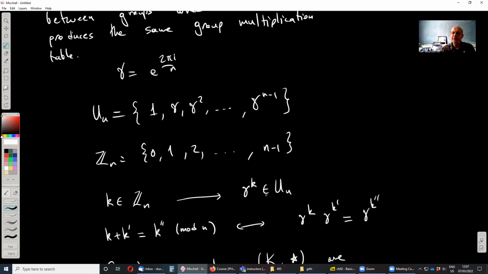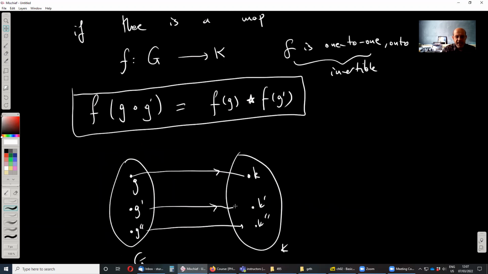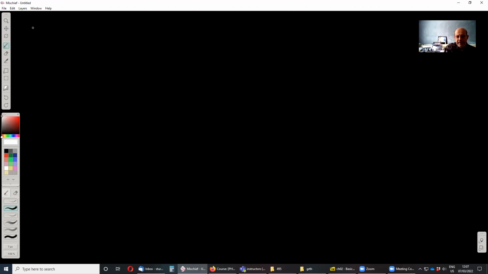I can find an isomorphic group where the group operation is multiplication. So even if the group is additive, I can think of the group as a multiplicative group. So I'll be using this kind of shorthand notation. That gives me a power to do these things. So that's a nice notational simplification.